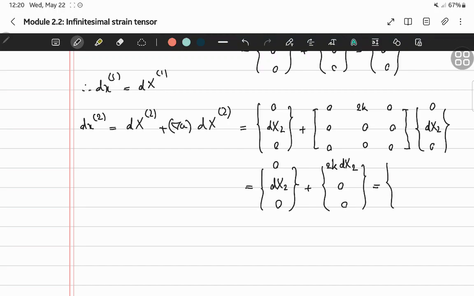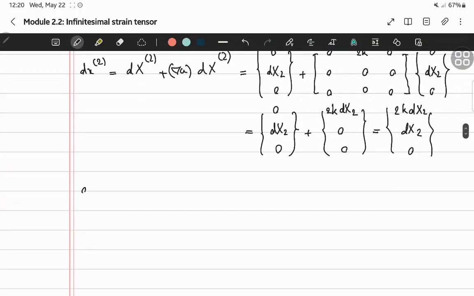So this is going to be 2k dx2, dx2, and then 0. As you can see in here, dx2 has two components. It has 2k, 1 and 0, dx.